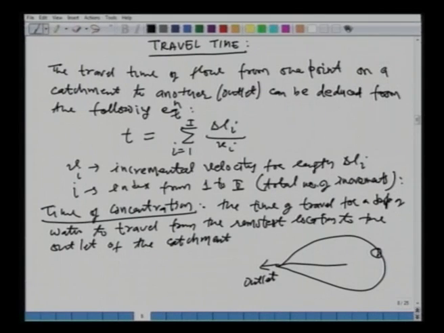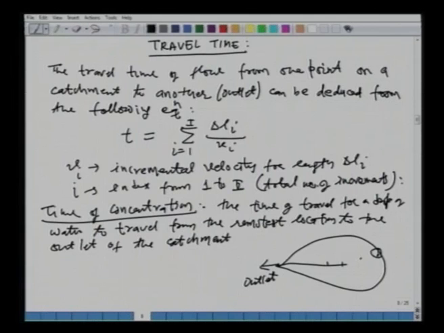We can also find the time of travel from here to here, or between any 2 points.